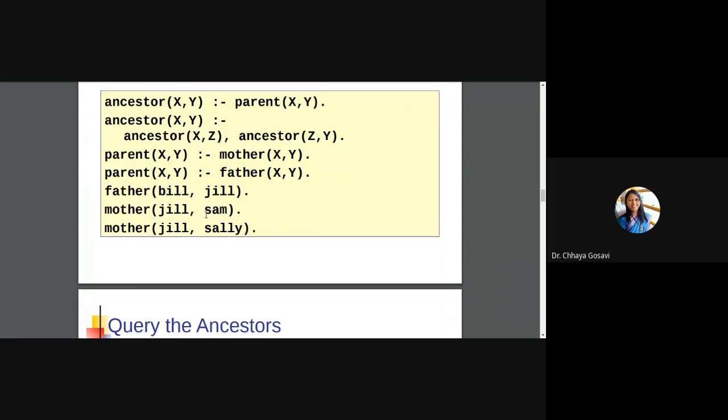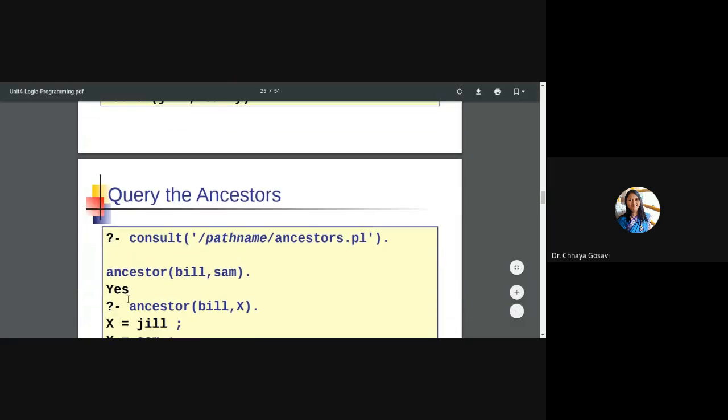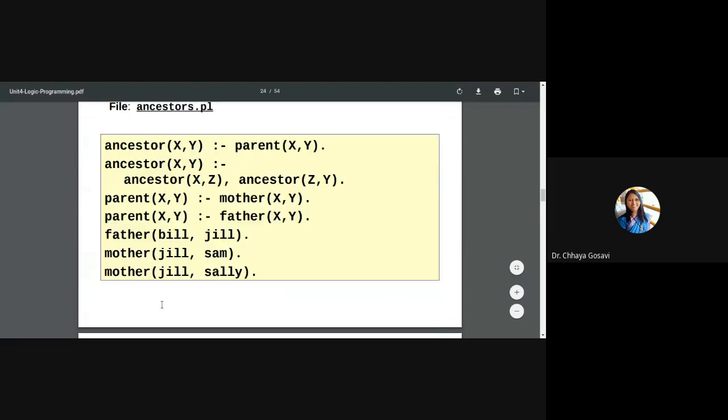So how will it execute this query? Bill is ancestor of Sam. Parent(X, Sam). So parent(X, Sam) is mother(X, Y) or father(X, Y). Bill is not a father or mother of Sam.